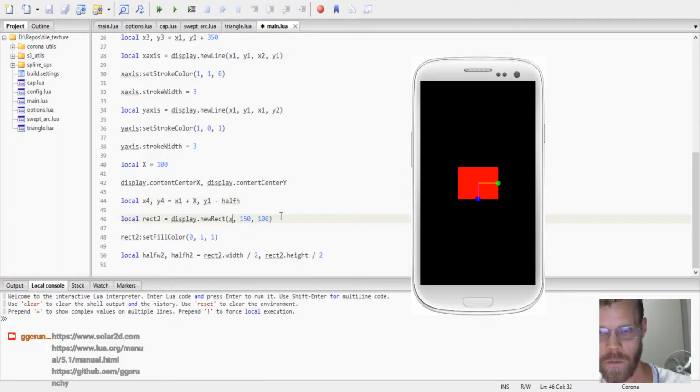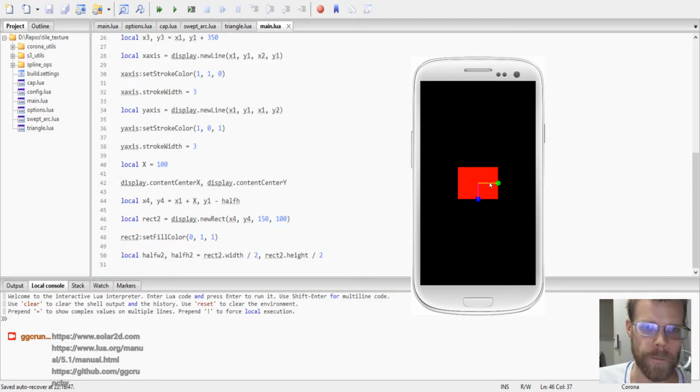So X4, Y4. So that would put us here, and then up this far. Then to position the rectangle itself, we'll also want to go up half of its height.